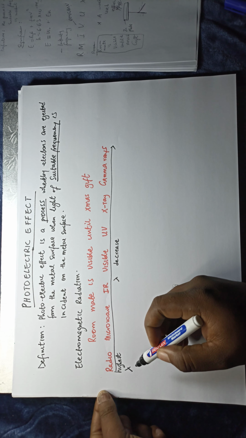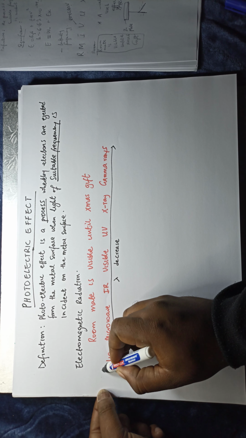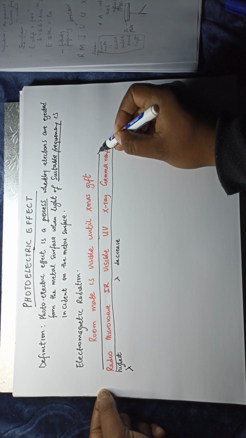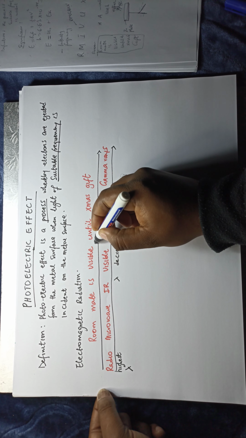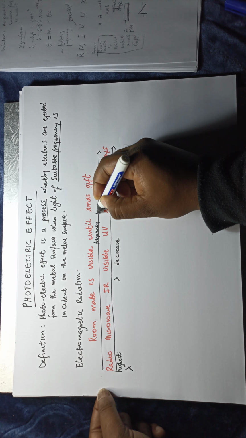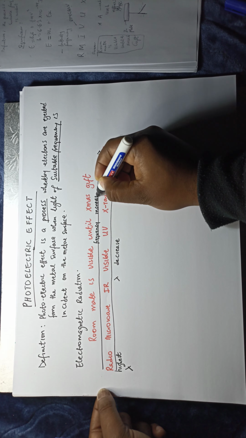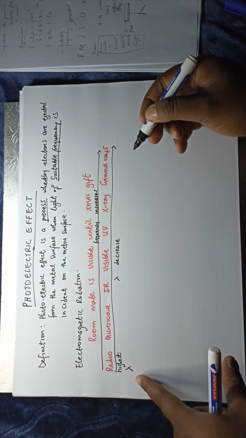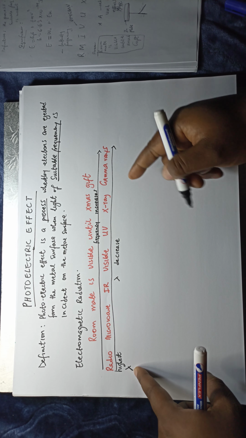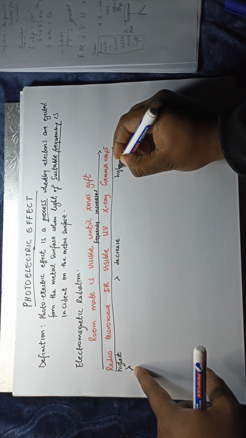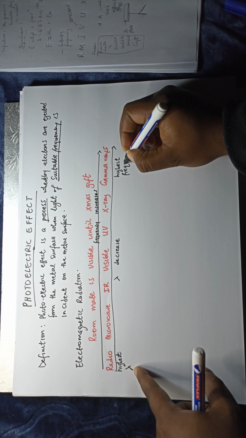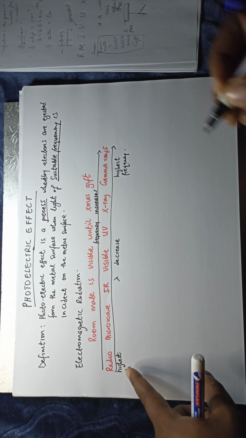So if the wavelength is decreasing as we move from left to right, the frequency increases. So the radio wave has the highest wavelength, while gamma rays have the highest frequency.